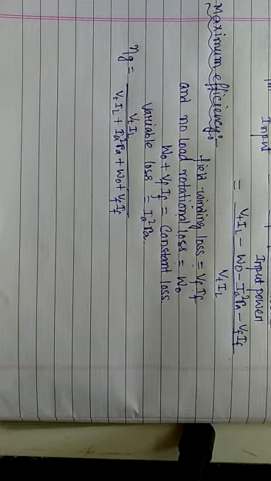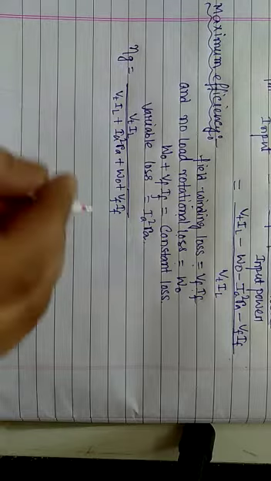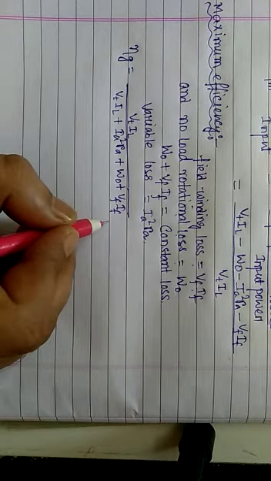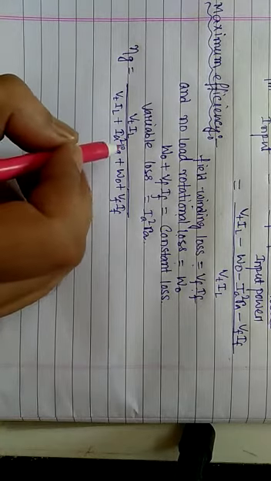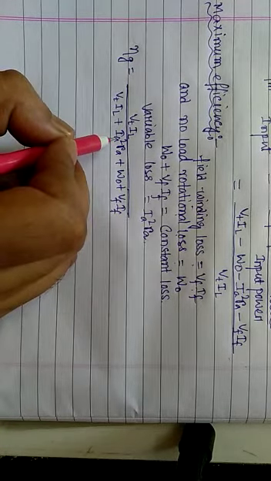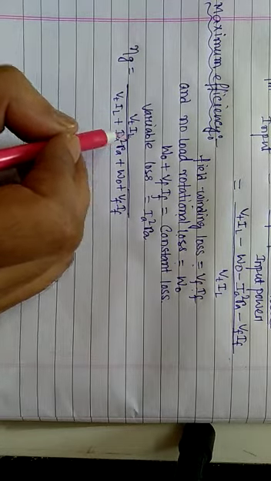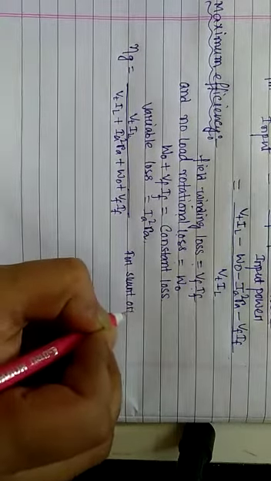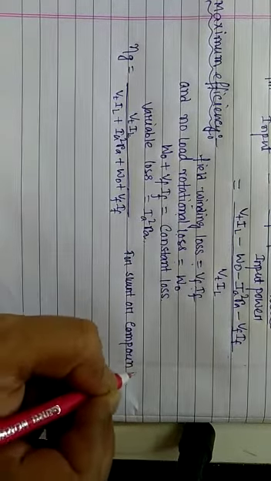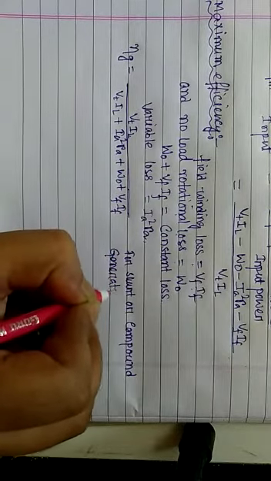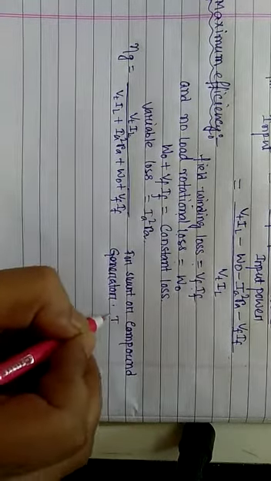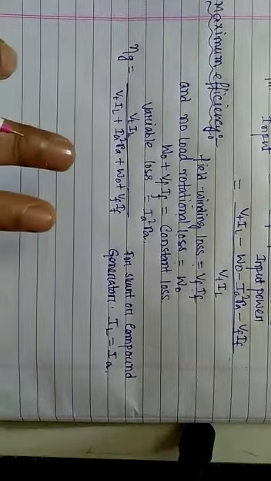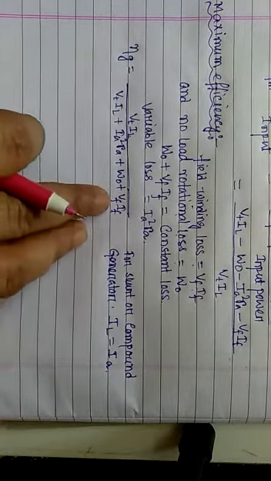Now, in shunt or compound machines, the field current is small, so the armature current is almost equal to the load current.